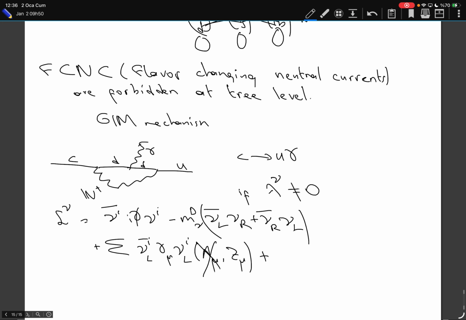And, well, we also have this e bar gamma mu L nu L W mu interactions with a possible so-called PMNS matrix. This is the Pontecorvo, I don't remember the other ones. This basically gives the off-diagonal transitions.